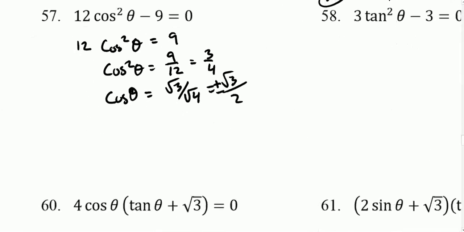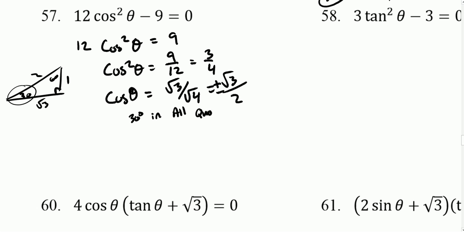57, we got plus or minus. Cosine, I'm going to draw my 30, 60, 90 again. Cosine is adjacent over hypotenuse, so I want root 3 to be adjacent. That's adjacent to 30. So we're looking at 30 degrees in all quadrants. So it's going to be the same answer we just looked at.